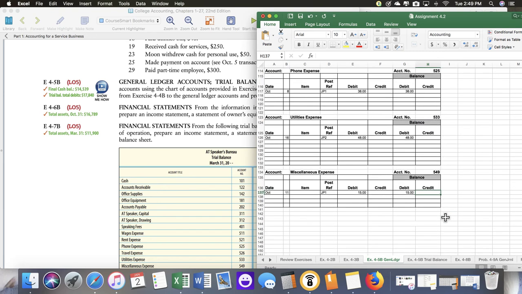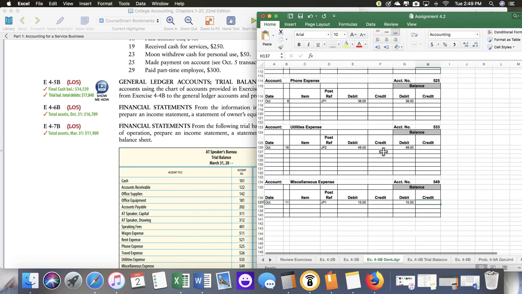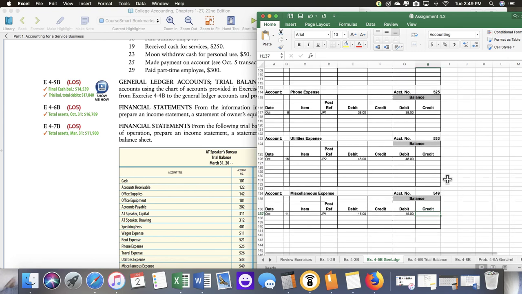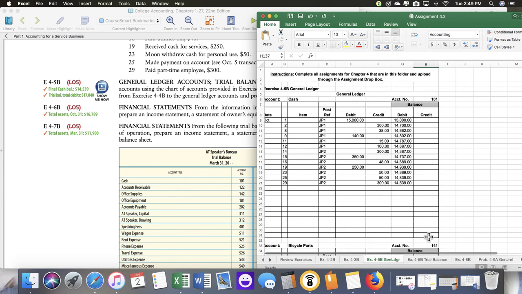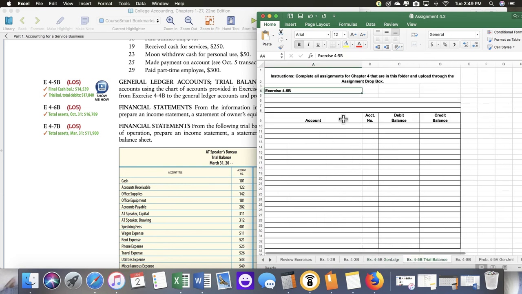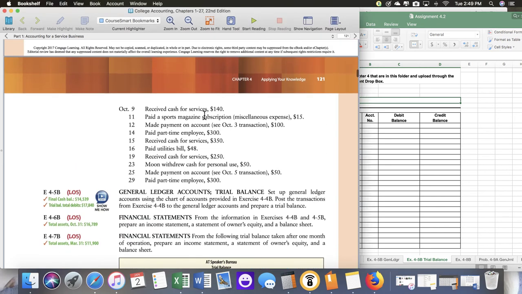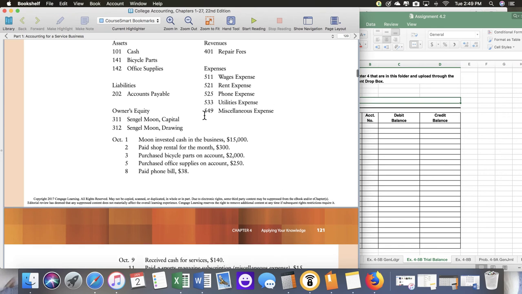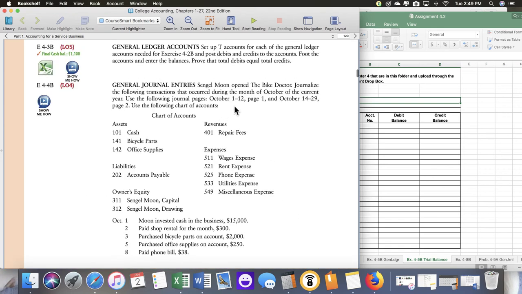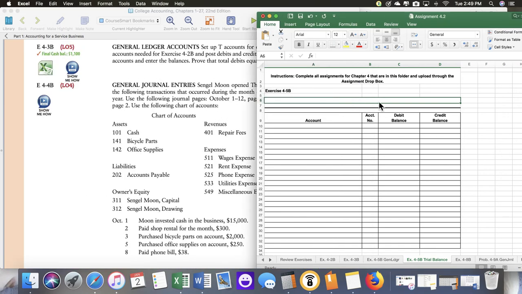Now what we're going to do is take the ending balances in each of these accounts and put them in the trial balance. So here's the trial balance. We're going to put the company name, so in this case, it is the Bike Doctor.